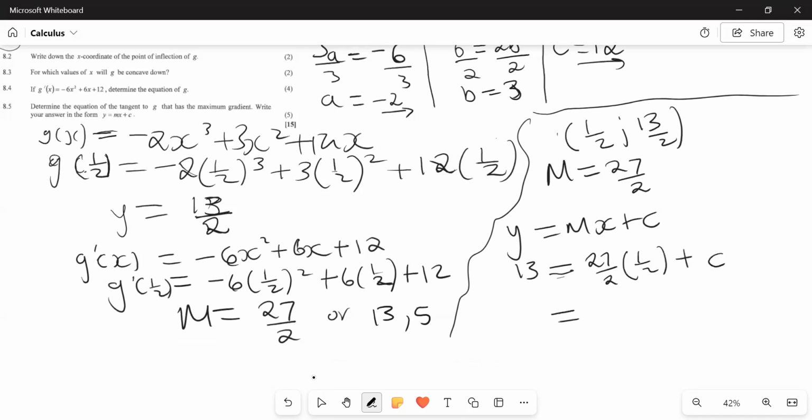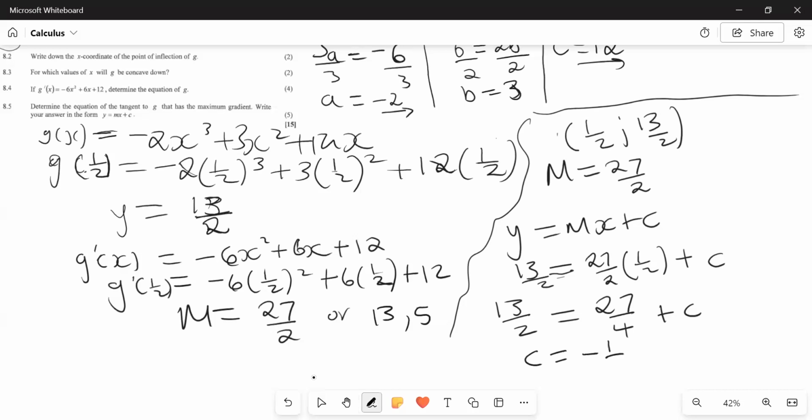So 13 over 2 equals 27 over 4 plus c. Therefore c is equal to 13 over 2 minus 27 over 4, which gives minus 1 over 4.